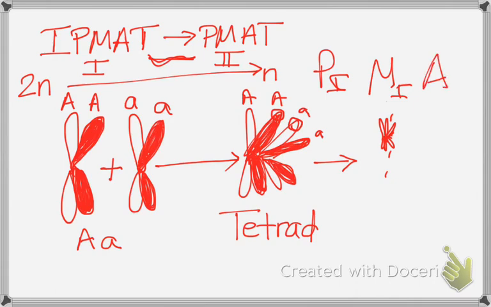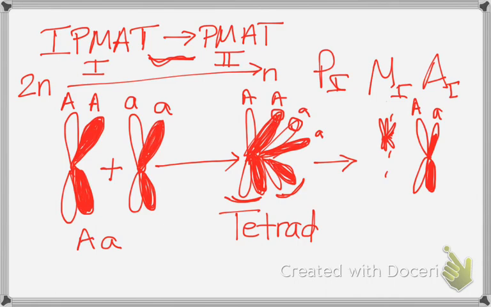During anaphase 1, they're going to separate. So these 2 will pull away from these 2. And this is when crossing over is going to become obvious. Notice the sister chromatids stay connected. But notice this one now carries the dominant trait, but this one picked up the recessive.